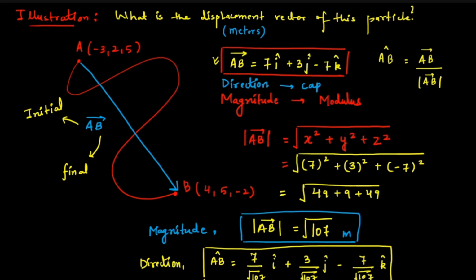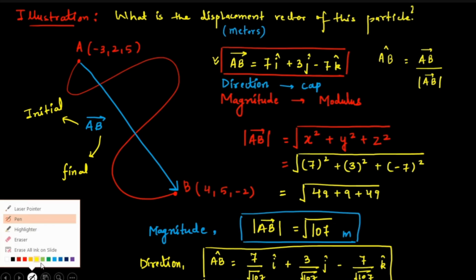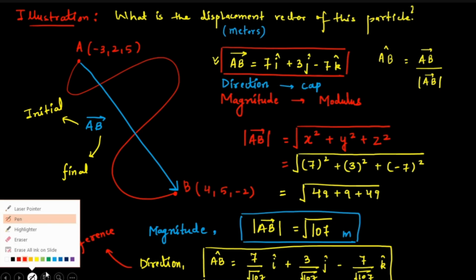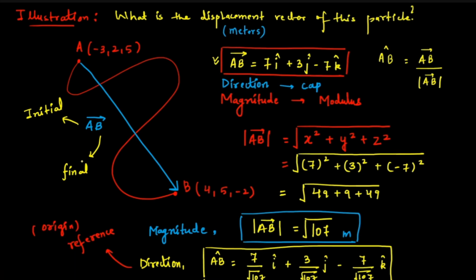Now, this x, y, z, or i, j, k, is representing the direction of the particle with respect to the origin always. Remember this. Whenever we are calculating direction, we are calculating direction with some reference, and when we are writing it this way, the reference is always the origin. I mean to say, suppose the particle has moved from point A to point B this way. There must be some Cartesian plane.